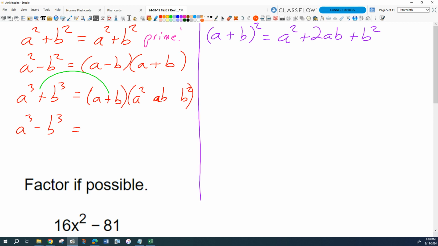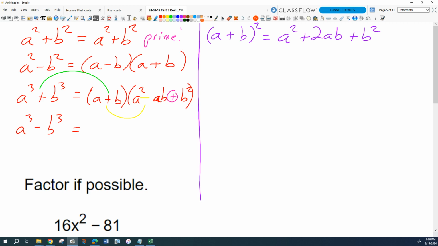What are the signs in between the terms? We said when we're doing the cube patterns, the first operation is the same, so it's minus then, because it goes same, opposite, and it always ends with plus. Same, opposite, plus.